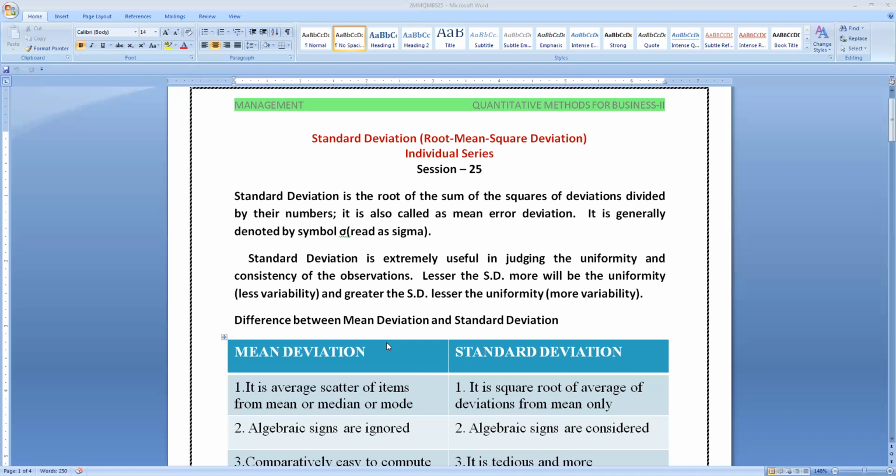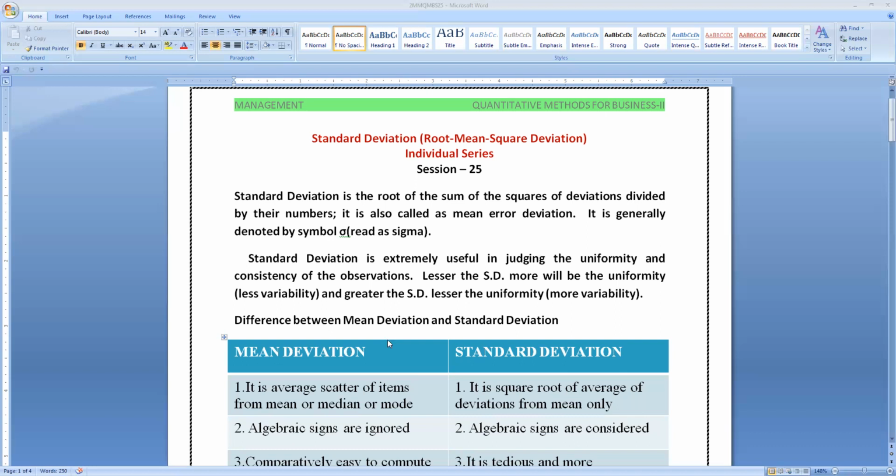Standard deviation can be calculated very easily as the root of the sum of the squares of deviations divided by their number.